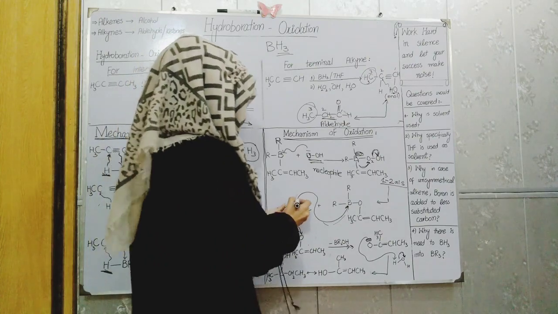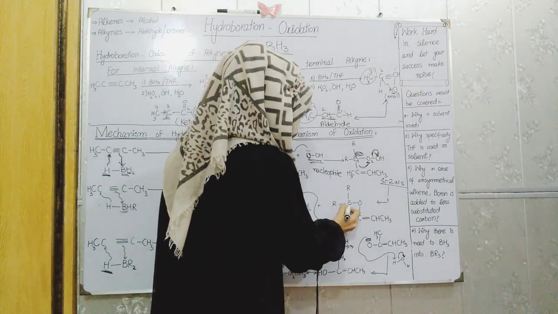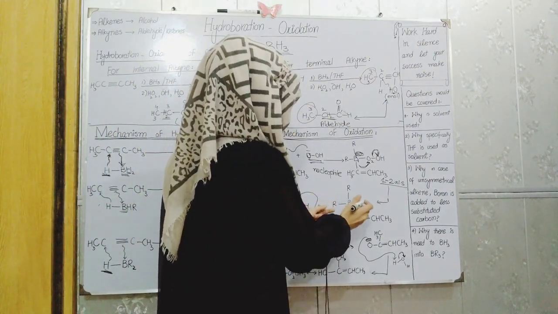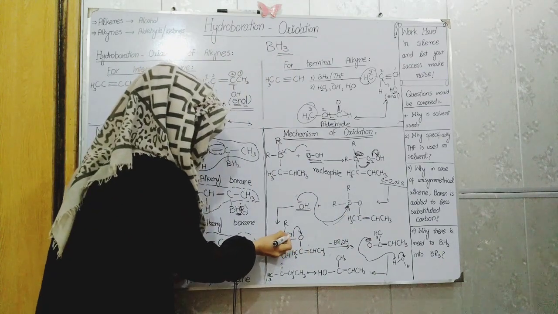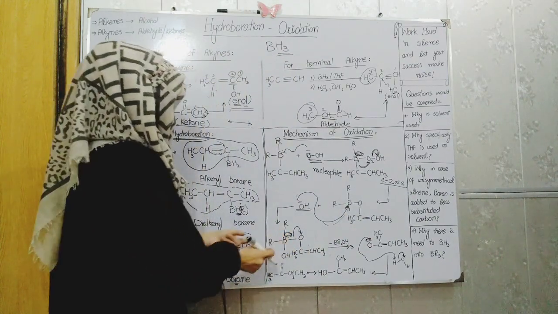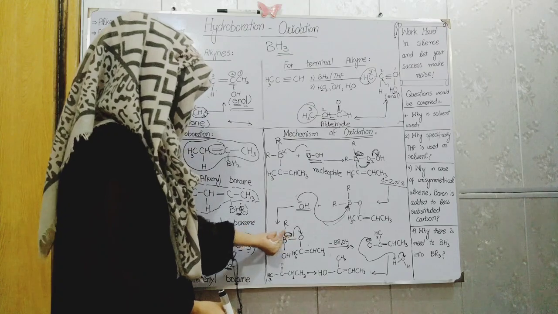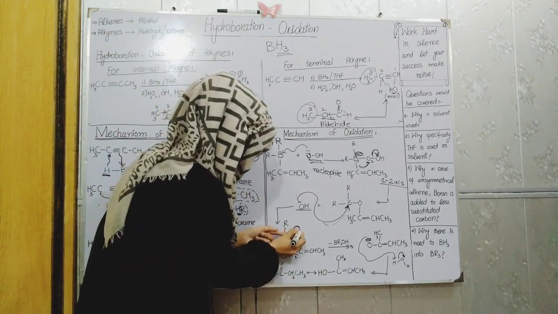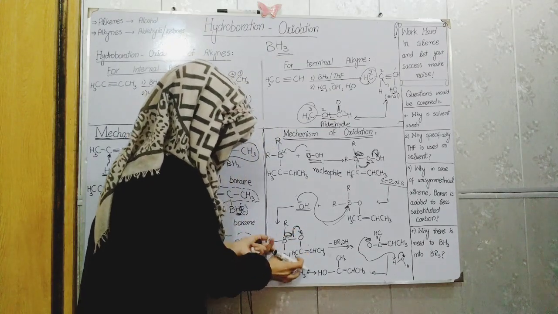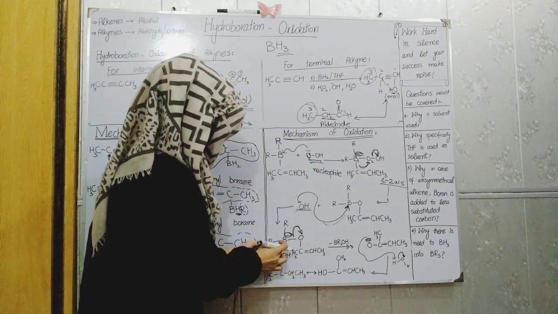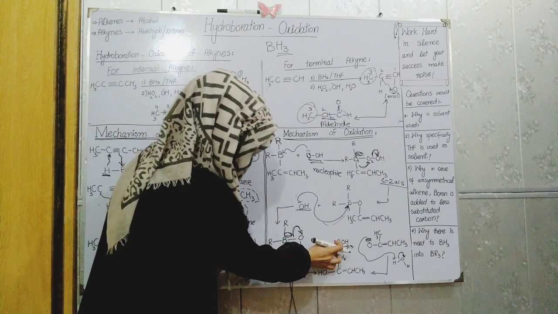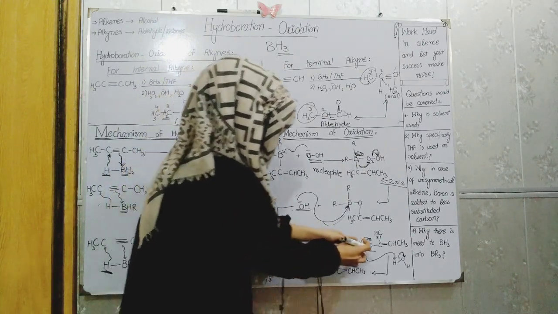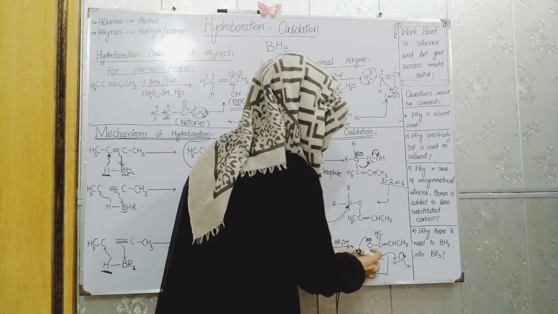Now again this hydroxide ion attacks the boron, and boron again forms 4 bonds, that's why it gets a negative charge. Again this group leaves as a leaving group, and we here have R2BOH, and this group leaves as such.